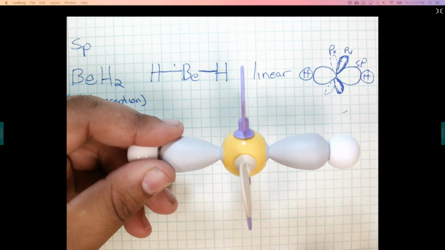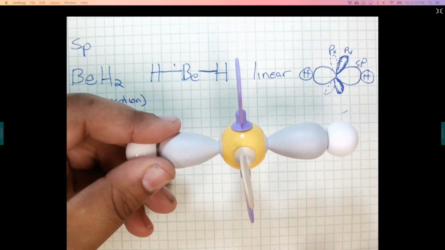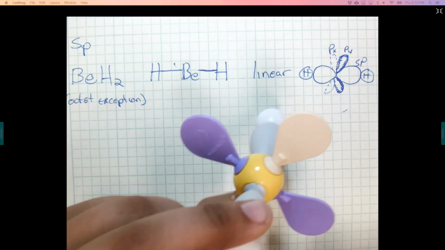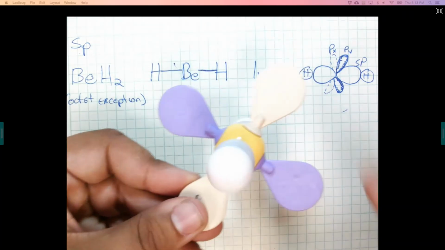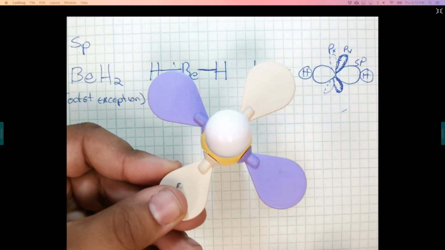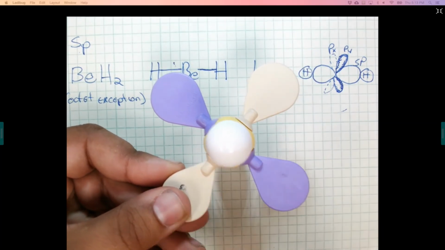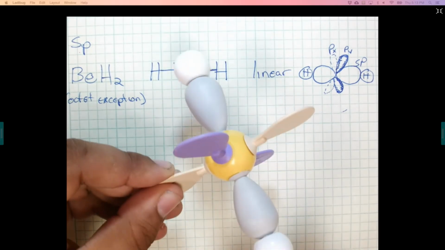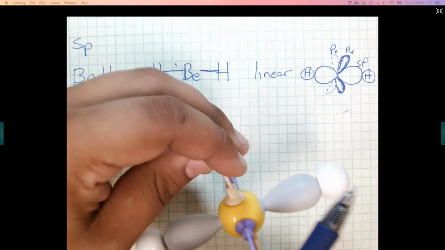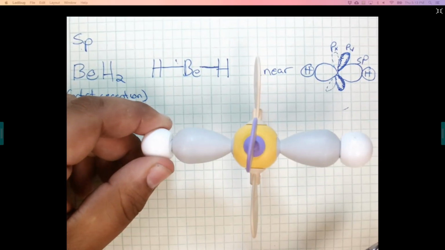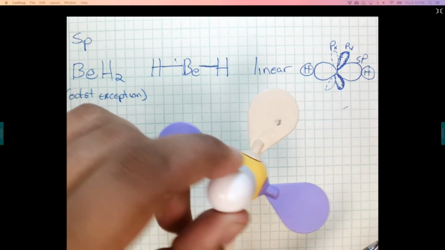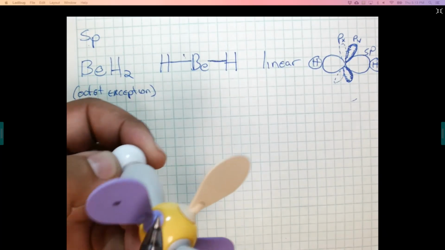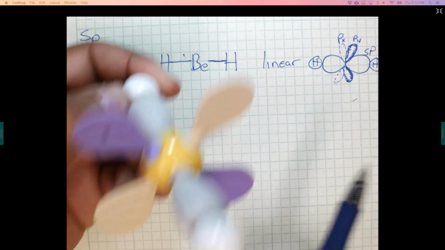We see that we have linear geometry, but if we were looking at it from the front, we would see this orientation, where we were looking at the p orbitals and looking in the plane of all of the 3 atoms, okay? Where the central atom is the beryllium, so linear, looking at it from the side, and then looking at it from the top, where the different colors here are px and py, px and py.